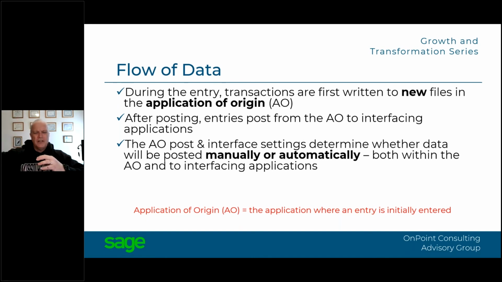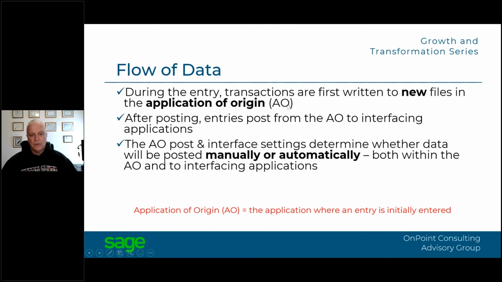Go ahead and make your settings so GL posts automatically, goes from new to current. Now, if there's a compelling reason to not do that, it might make sense. Maybe there's an interface or some sort of an approval or something else. But for a lot of folks, just post it automatically so you're not messing around with posting multiple modules.